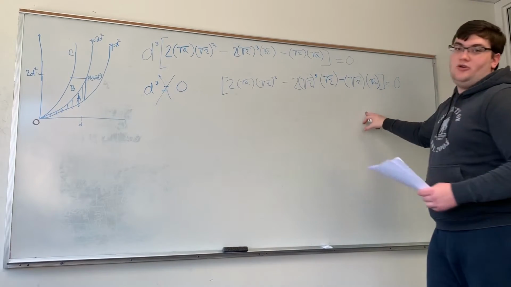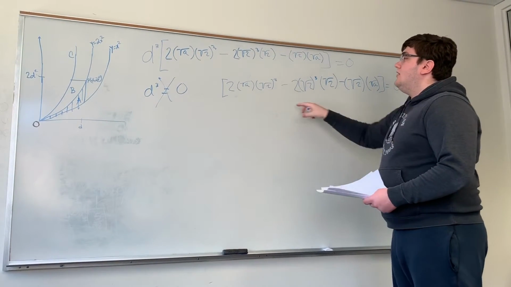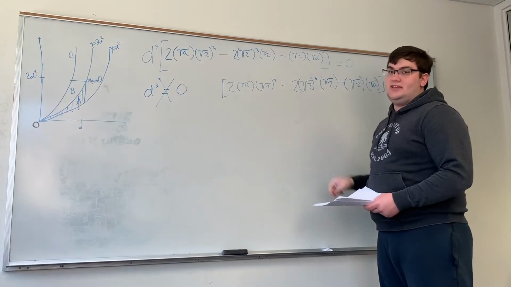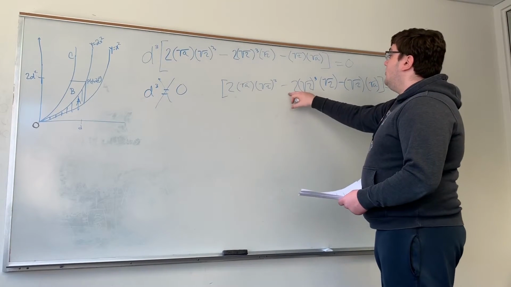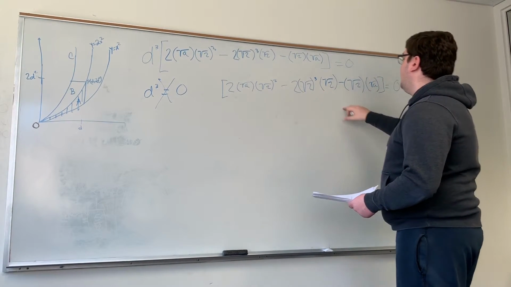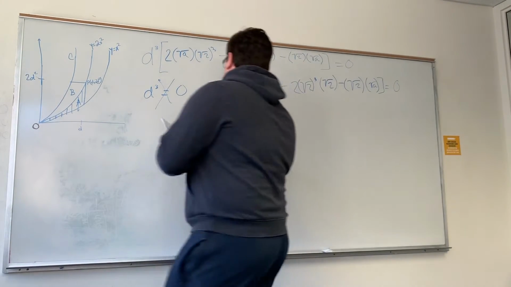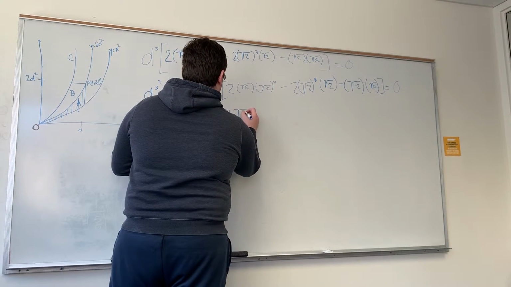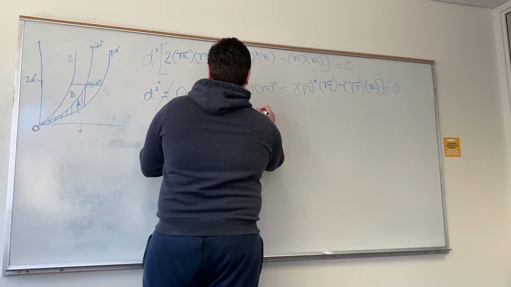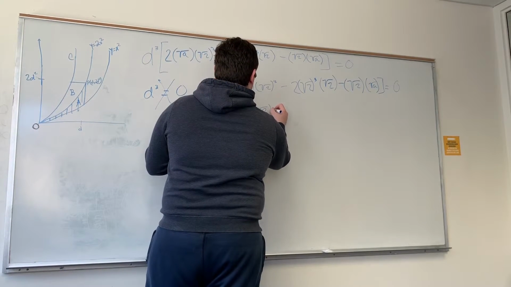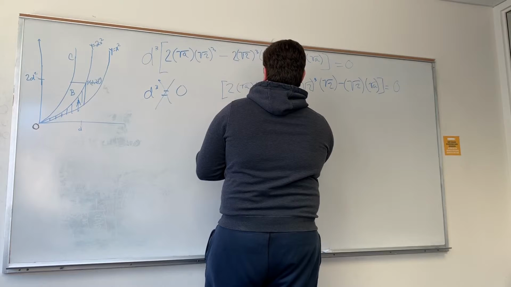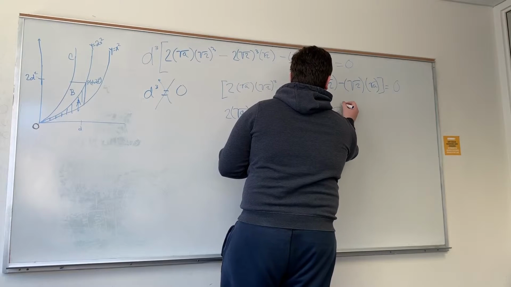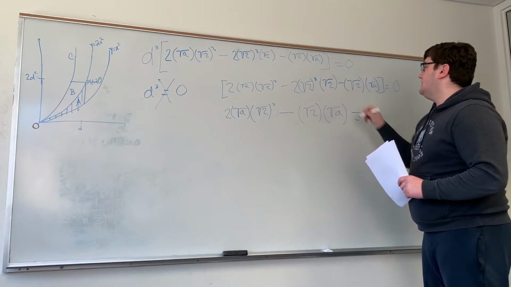Instead, we'll go to this. Our goal here is to isolate a and solve for a. What we can do is get everything alike on one side and move everything else over. I notice that these two terms both have root a in them, so I'll keep them on the same side of the equal sign. With the 2 times root 2 cubed times root 2, we'll move that to the other side of the equal sign, like so, equal to this.